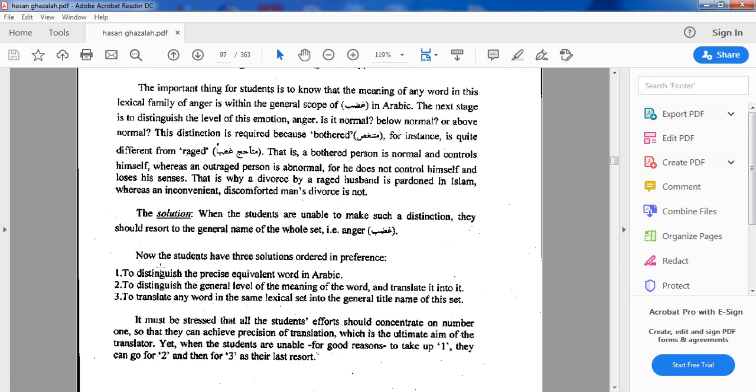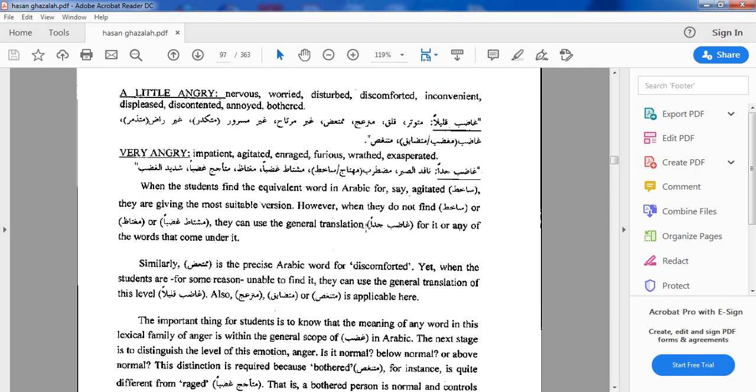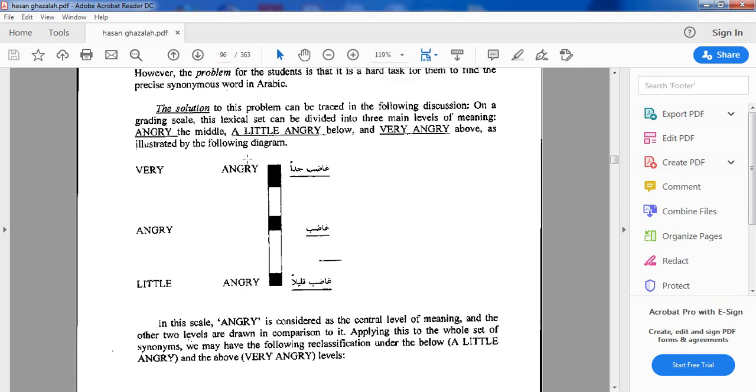So the first, what should you do to distinguish the precise equivalent word in Arabic? If you check the dictionary and you find the word in Arabic, that's it. If you don't find it, what should you do then? Distinguish the general level of meaning of the word and translate it into it. So we have here 3 levels, and you have to try to find in which level this word is given.